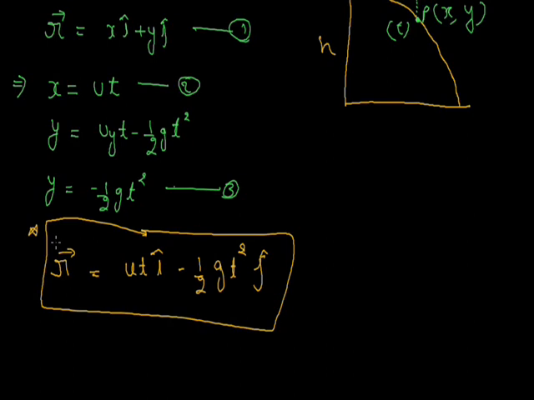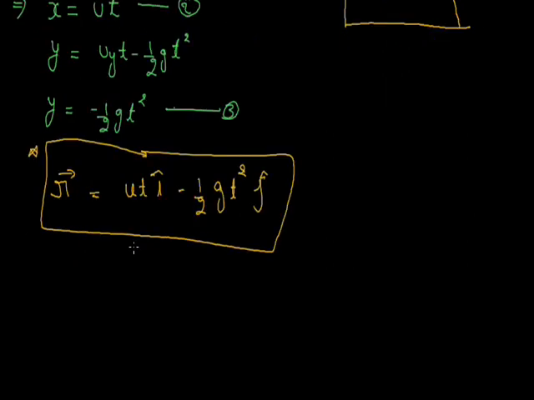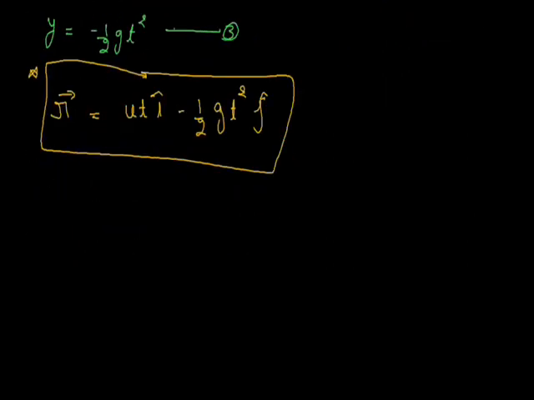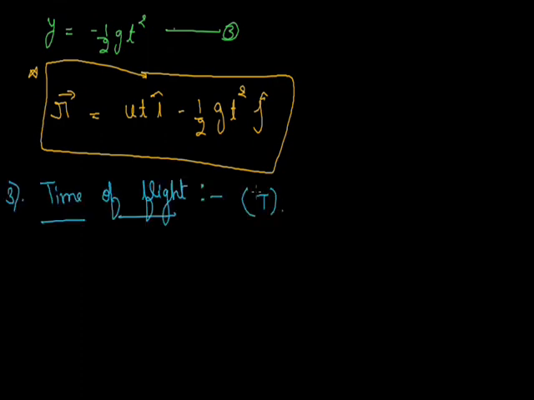This is our position vector r. Now third is time of flight. Time of flight means the total time taken by the projectile. So for finding t, minus h is equal to its vertical component uy t minus half g t square. Here uy is equal to 0.